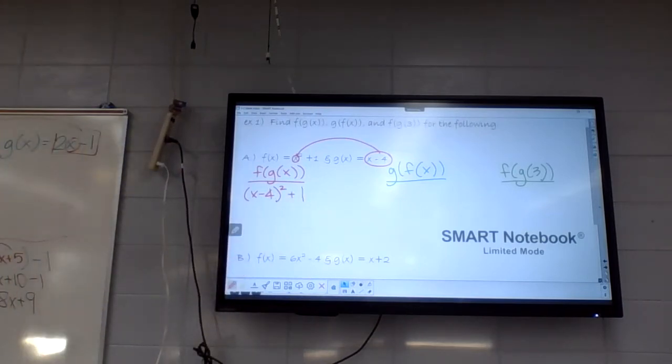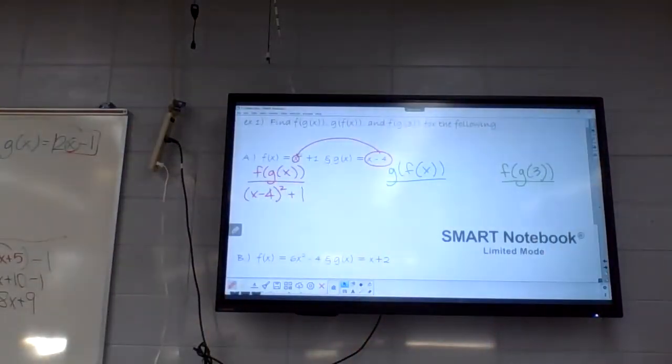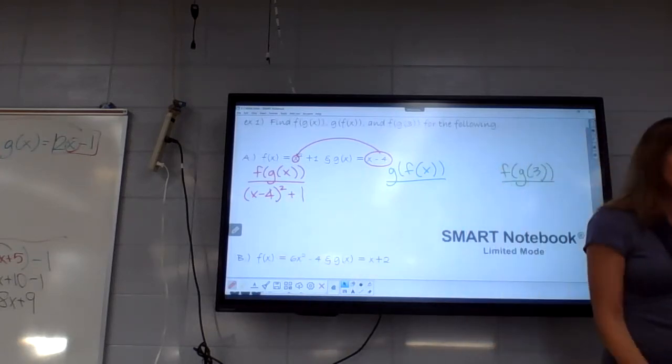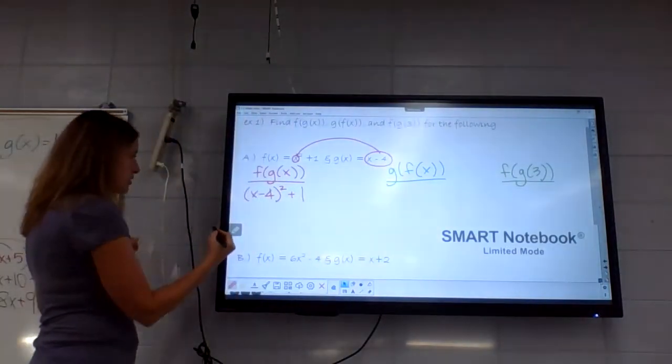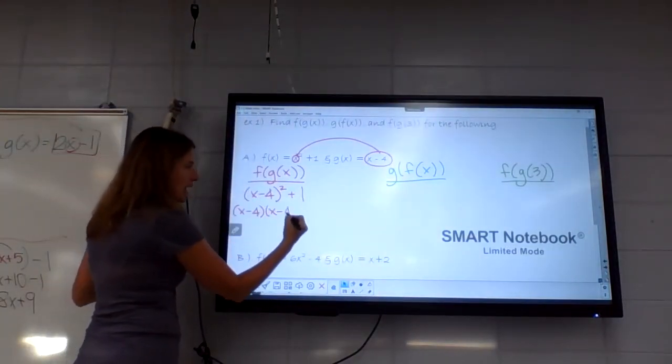So this is what that function looks like when I drop that g into f. But now we have to simplify as well. Are we okay with this step? You're putting that in place, it just replaces it, now we just have to simplify. And again, going back to our warm-up, we can't just distribute that second power in. We have to write it out twice, unless you can do a little bit of it in your head, that'd be great, just to save you a little bit of time.